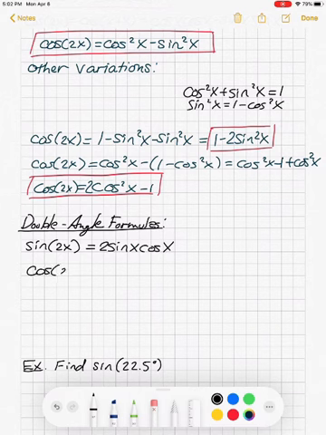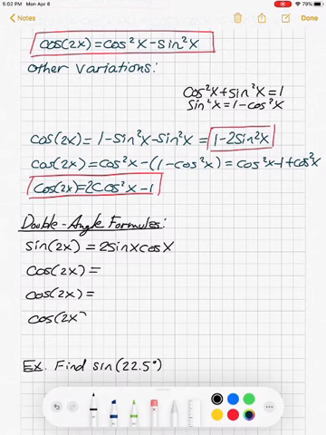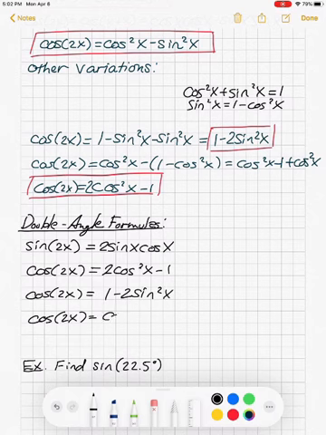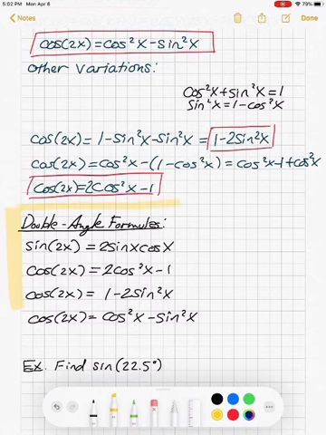And then for cosine of 2x, I had 3 variations. Okay, so these formulas are very useful.